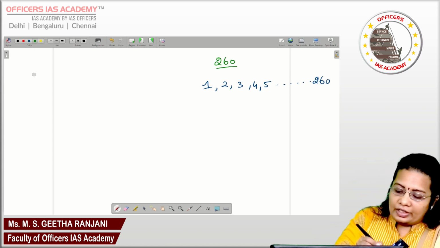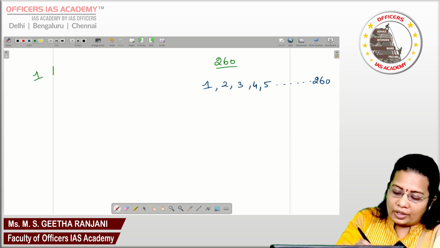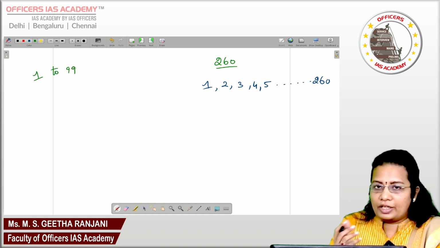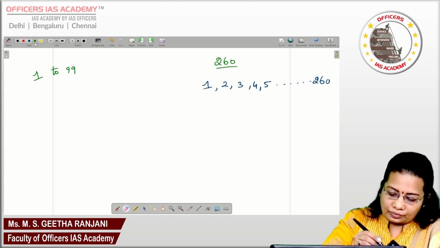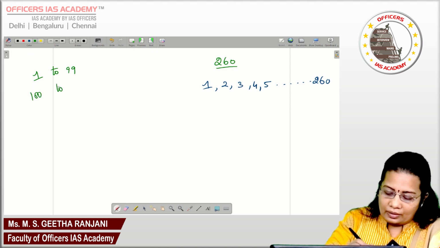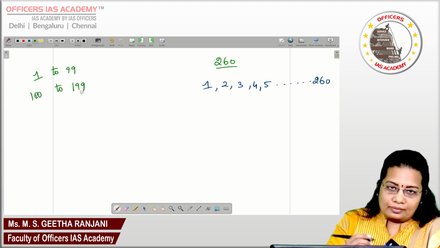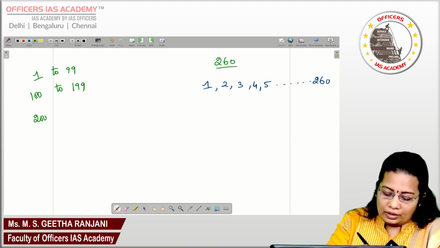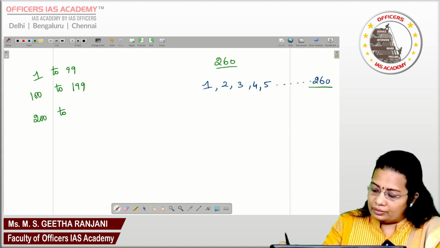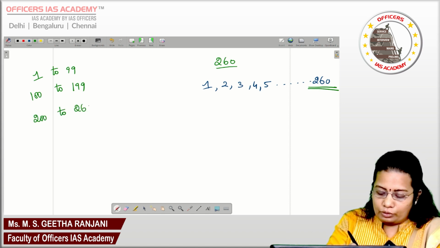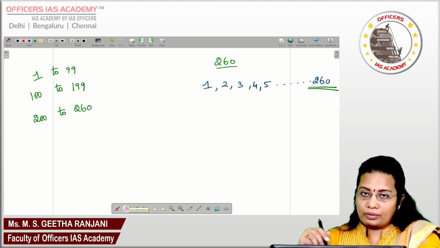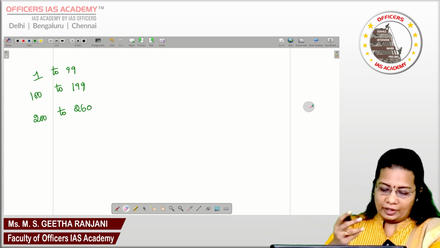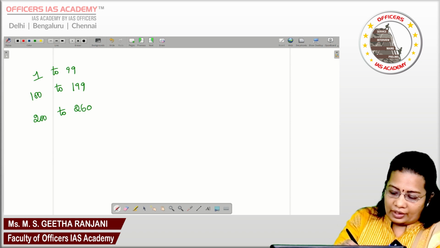Initially we can take 1 to 99, how many fives? Then 100 to 199, how many fives? Later on 200 to 260, the given range. Step 1, calculate the units place in this range.